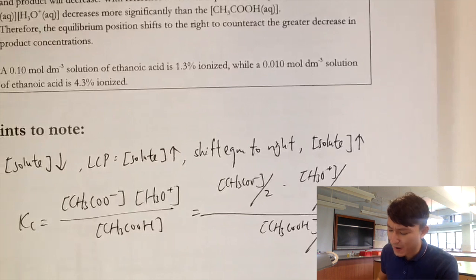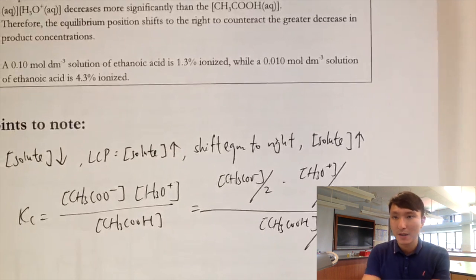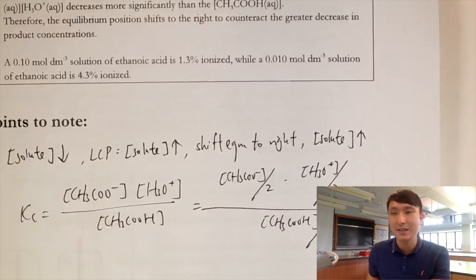Now you may wonder how we explain it in the exam. Well, actually, Le Chatelier's principle is not for explaining anything. This is not a law, this is not a theory. It is only a tool that is very convenient for us to predict the changes.